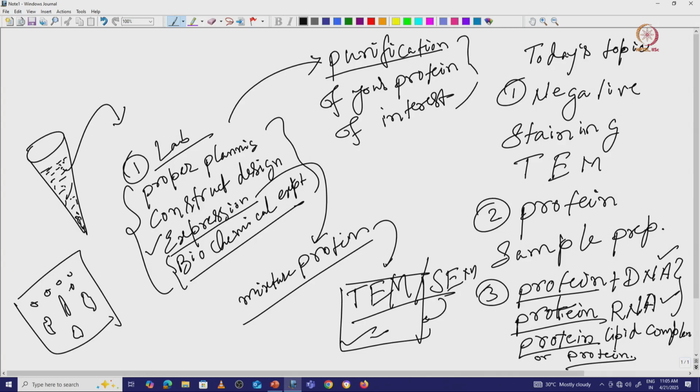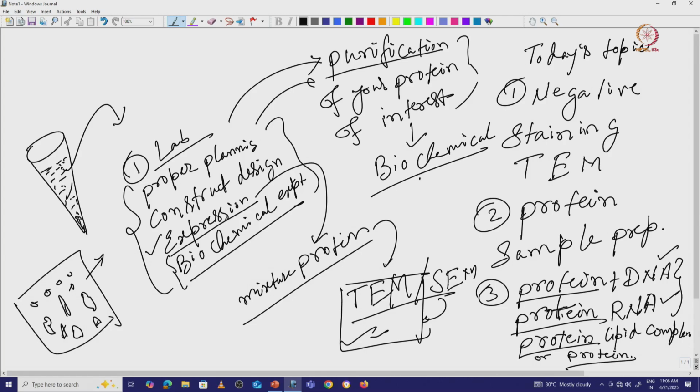From here it will be very difficult to figure out which one is your protein of interest if the sample is heterogeneous. That is one of the major reasons we have to go for purification, and purification has certain protocols. We will go through these protocols like affinity purification, ion exchange purification or size exclusion chromatography, which we will discuss more. But when we purify our protein, first thing first, we should consider that protein and do some biochemical experiments.